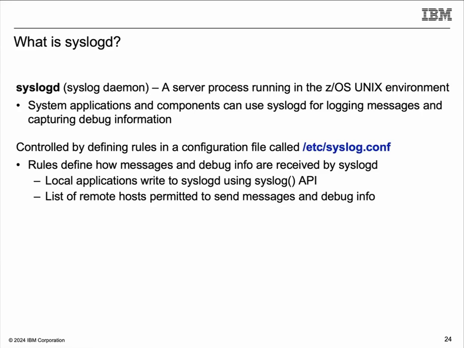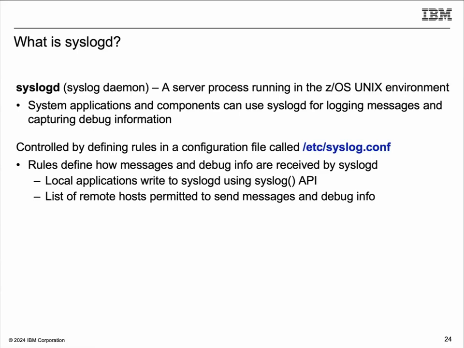There's also a way for syslog-d to be configured so that it can receive messages from remote hosts, and those remote hosts are running syslog-d as well. Those messages from remote hosts can be sent to this single syslog-d instance in order to consolidate messages. As an example, if you have many systems in your data center or in your sysplex, and they're all writing to their own copy of syslog-d, it becomes difficult to manually consolidate or gather all of those messages if they're scattered across different systems.